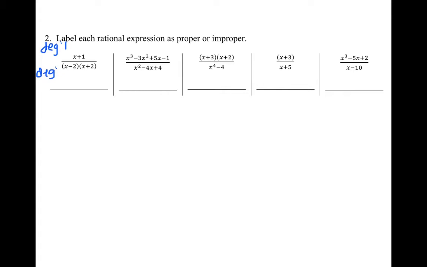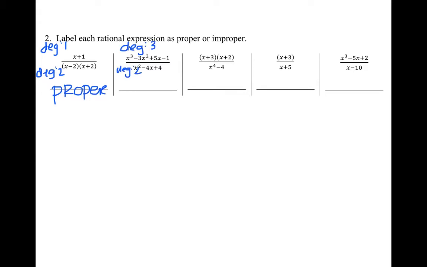I want to know if I multiply it all out, what would my biggest exponent be? Well, I have two x's that are multiplied together, so it's going to be degree 2. The top is smaller than the bottom, so I would say this one right here is proper.